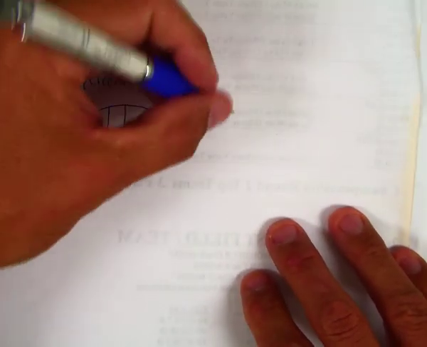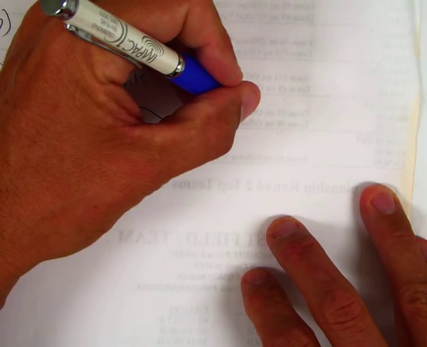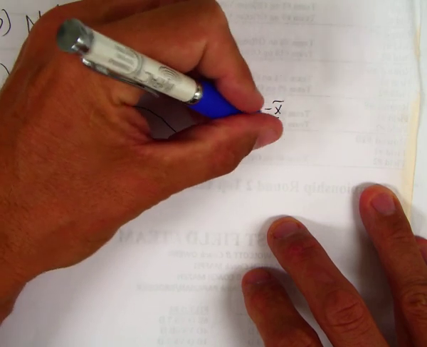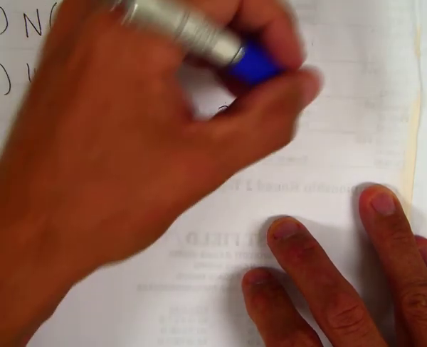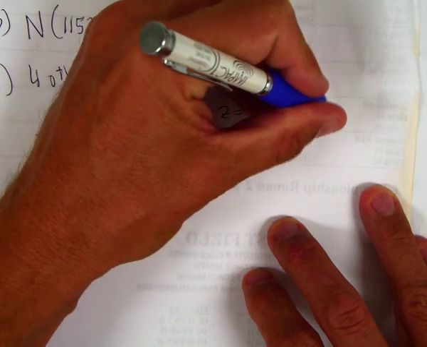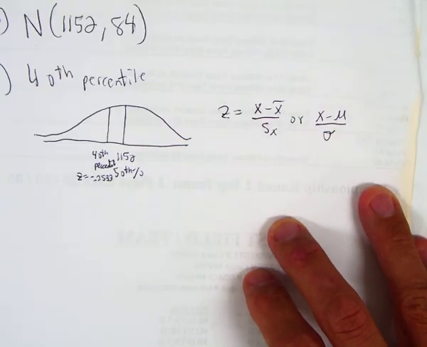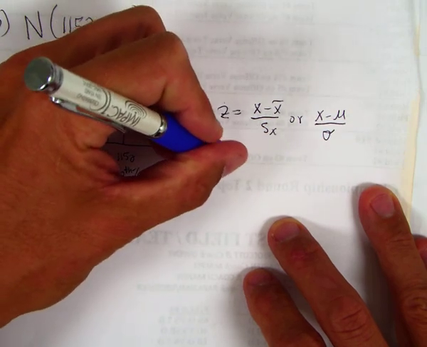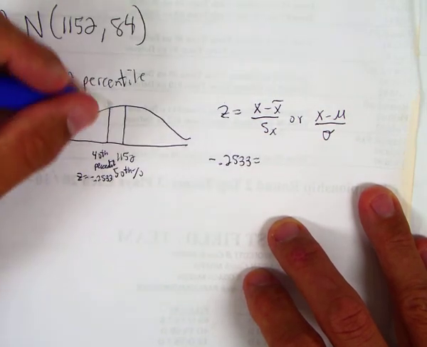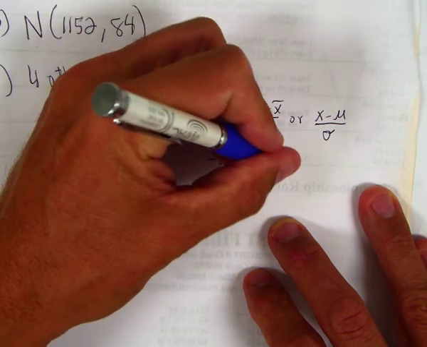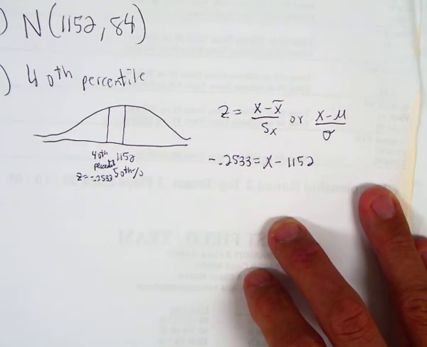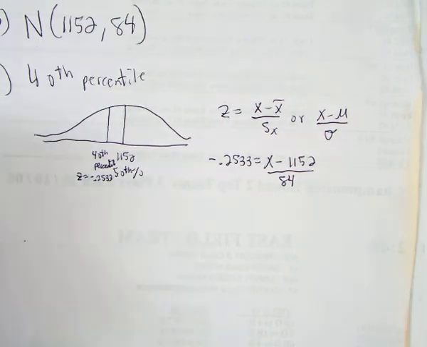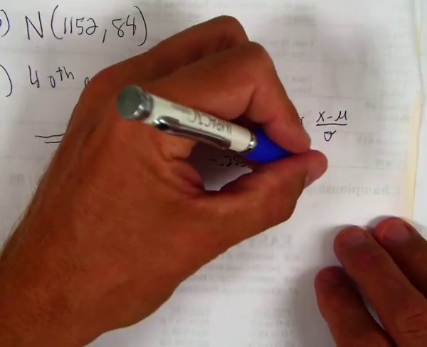So we're going to take our z-score formula, x minus x bar over standard deviation, okay? Or we could write it as x minus mu over sigma, either way. So z in this case equals negative 0.2533. We don't know what that x value is, but we do know that the mean is 1152, and the standard deviation is 84. So the first thing we're going to do is multiply both sides by 84.